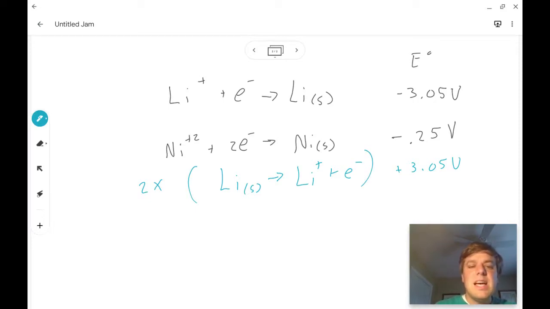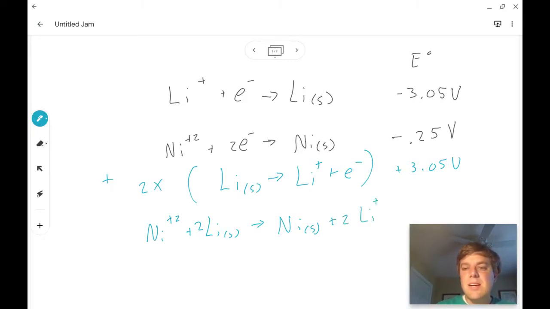But when we add these reactions together, we're going to end up with nickel with a +2 charge plus two lithiums as a solid makes solid nickel plus 2 lithium ions.